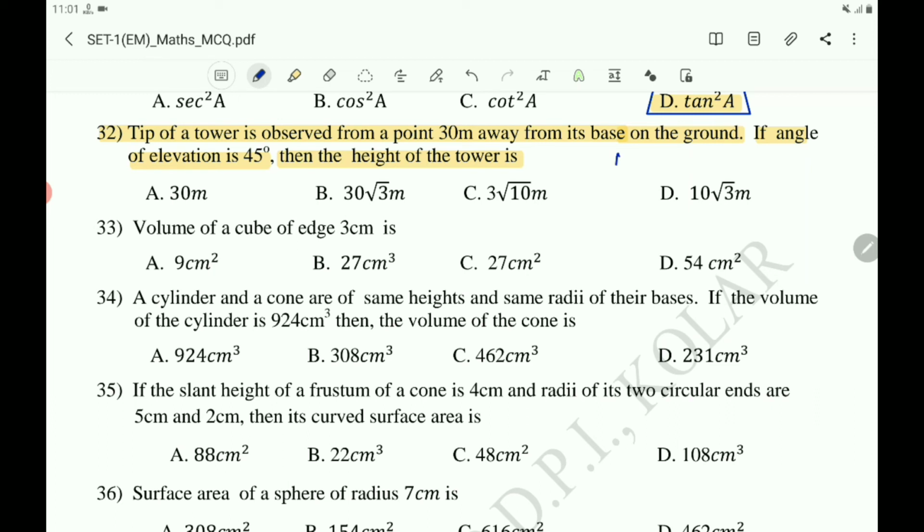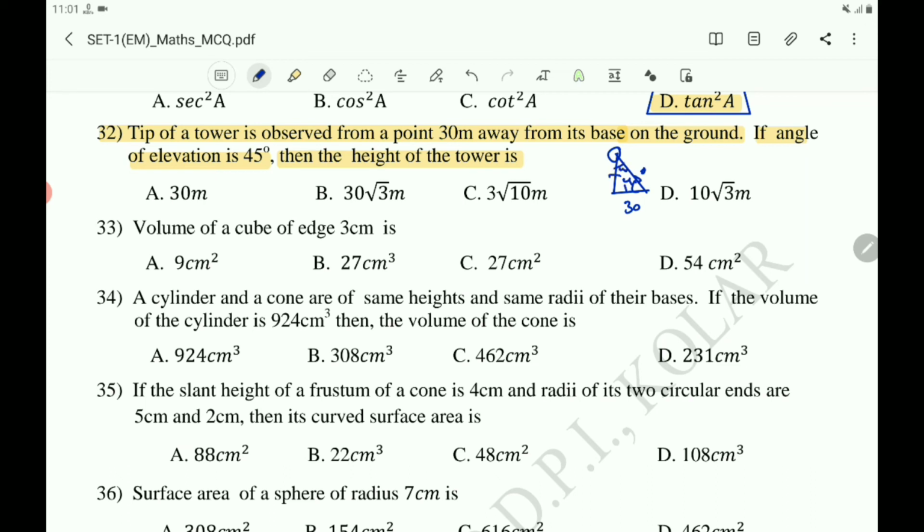Now you take the rough sketch here. Here, the top of the tower is observed from 30 meter away from the base of the tower, and the angle of elevation is given as 45 degree. This is 45, so this is also 45.